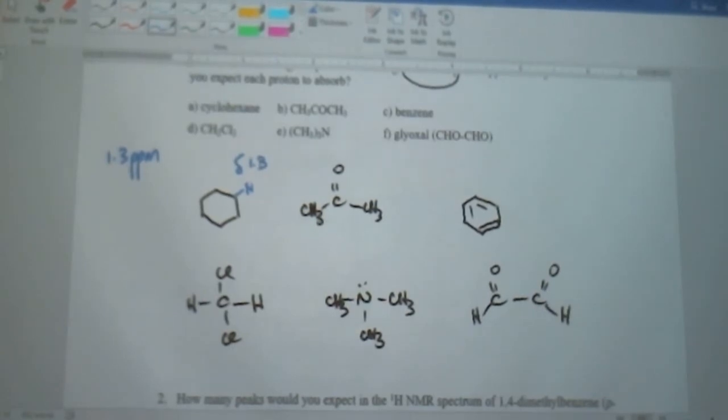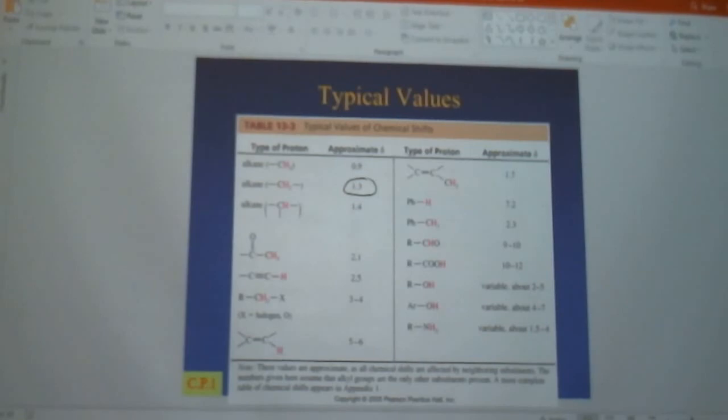There's different ways of calculating those signals. Now any one of these 6 hydrogens in acetone, which are all identical, where would you expect that to come? 2.1. About 2.1, right?